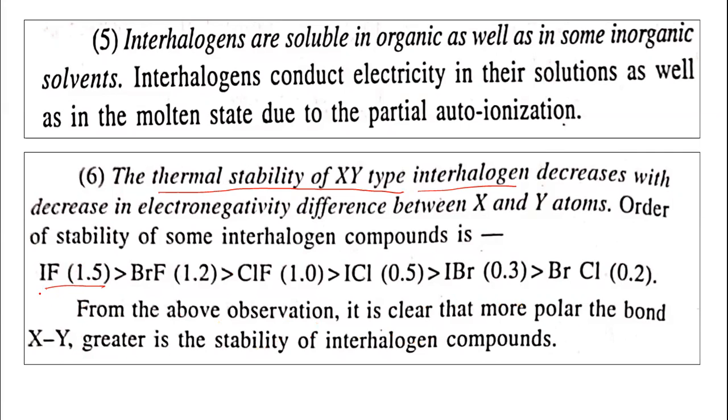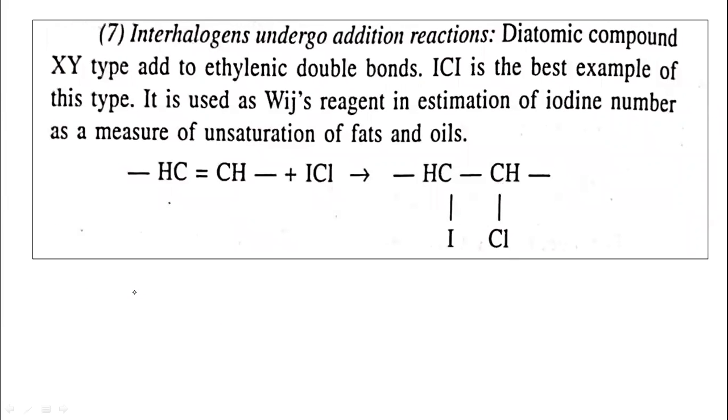This bond is more polar because iodine is less electronegative and fluorine is more electronegative, so it has higher thermal stability, higher bond energy, and higher bond strength. So the thermal stability of interhalogen compounds decreases with decrease in electronegativity difference.